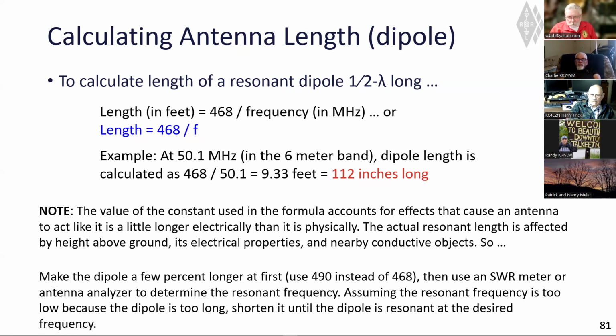Use 490 instead of 468. Then use an SWR meter or antenna analyzer to determine the resonant frequency. Assuming the resonant frequency is too low because the dipole is too long, shorten it a little bit at a time until the dipole is at the desired frequency.